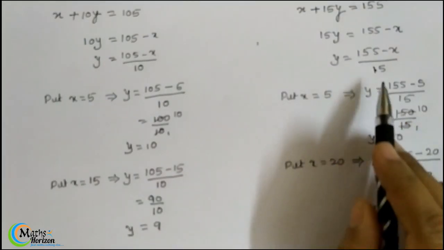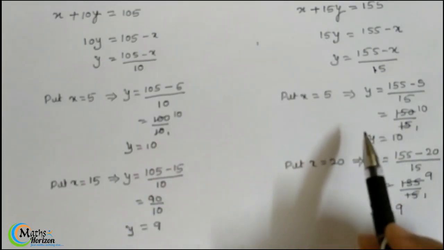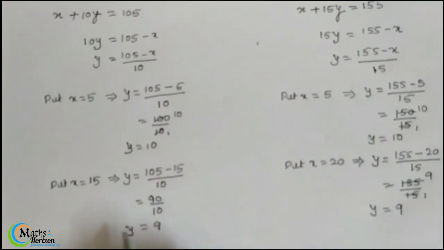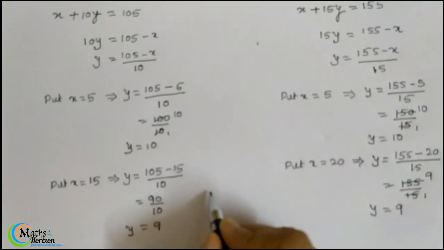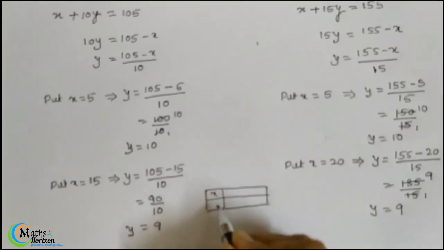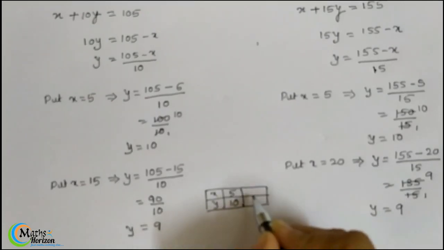So like that, the same way in two cases we have obtained x and y values, the coordinates for x and y. Now let us write blocks for these two. For the first equation, when x is 5, y value is 10, and when x is 15, y is 9.